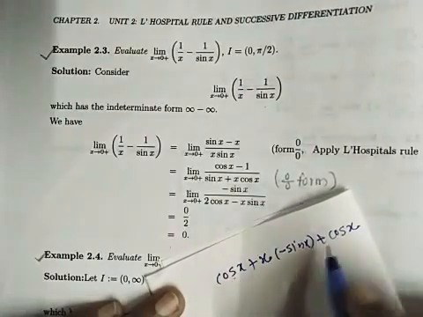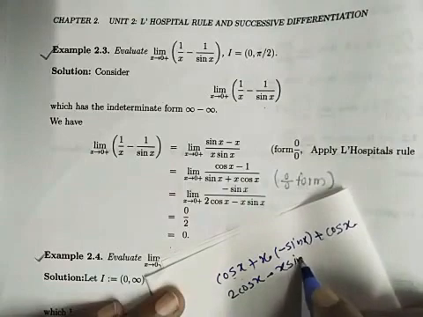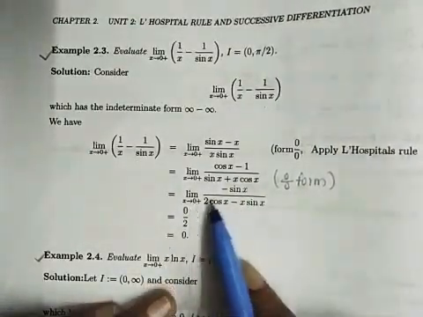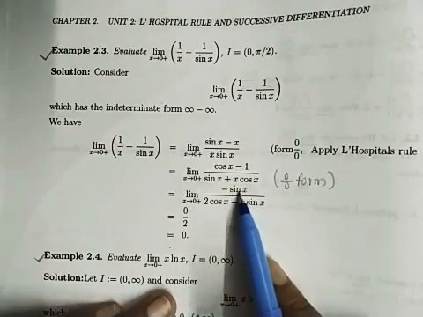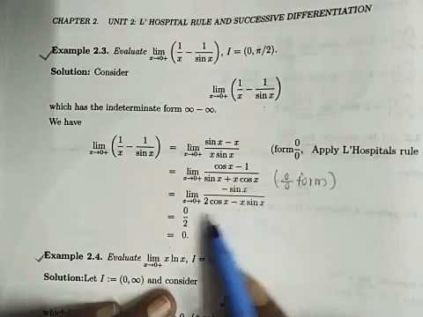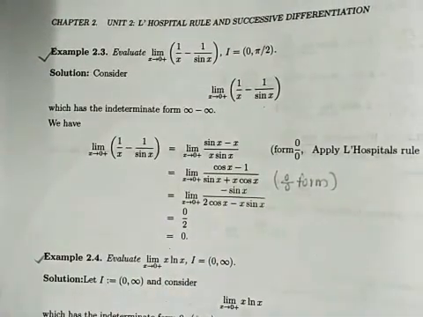So here we get cos x plus cos x, that is 2 cos x minus x sin x. Now if we apply the limit here, as x tends to 0, it is 0 upon 2 into 1, that is 2, minus 0. So we get 0 upon 2. So our final answer is 0.